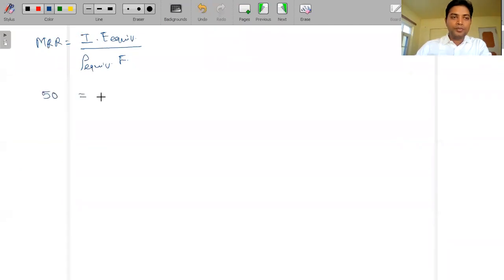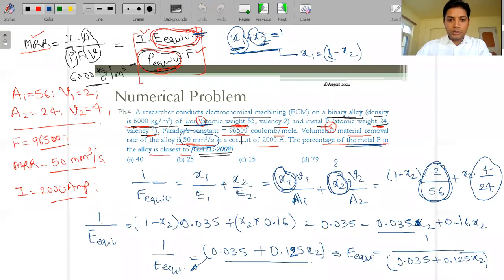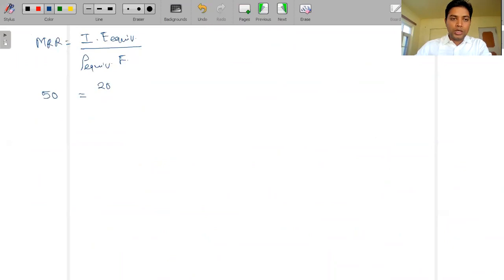That will be equal to I, which is given as 2000 ampere. And E equivalent value is 1 upon 0.035 plus 0.125 into x2.